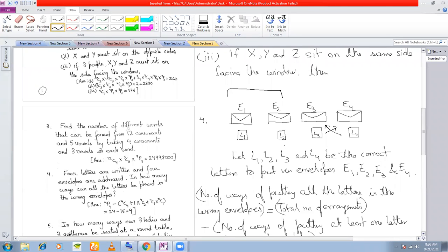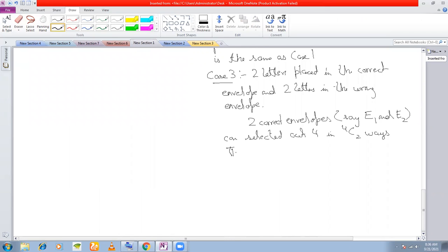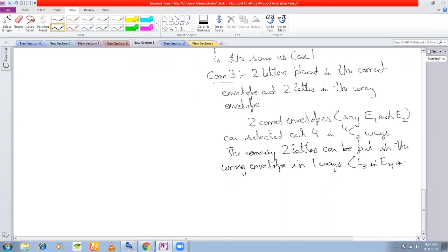That means you have only one way of putting these two letters in the wrong envelopes. Therefore, the number of ways in this case is 1 into 4C2, which is equal to 6.